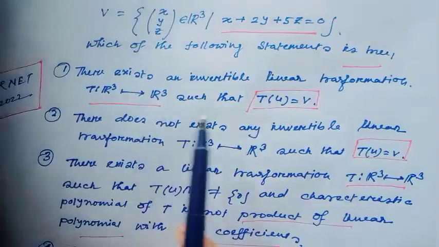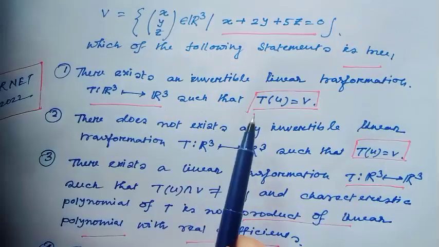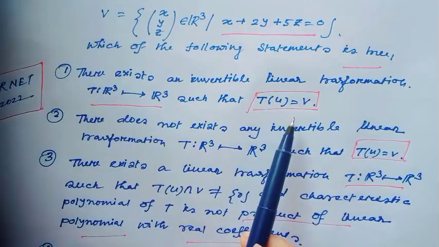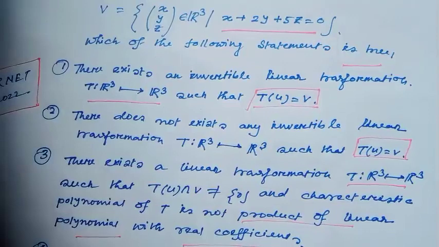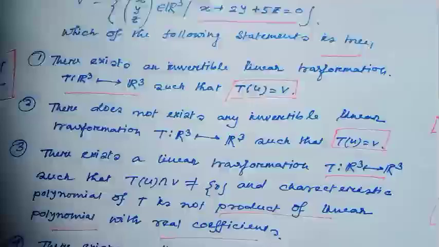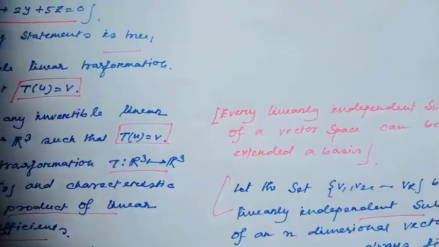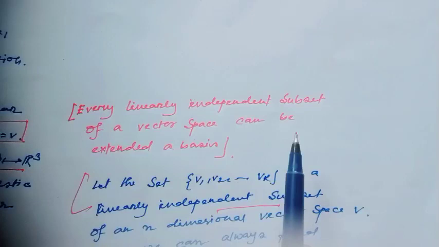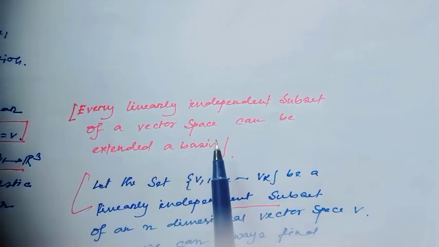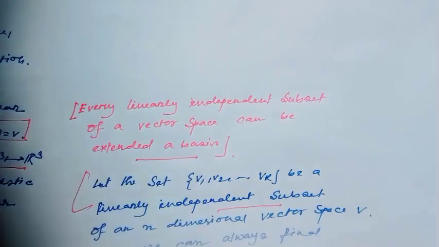Actually, the first option, there exists an invertible linear transformation T from R cube to R cube such that T(U) equal to V, is based on the extension theorem. As a review, just recall the statement of this theorem: every linearly independent subset of a vector space can be extended to a basis.